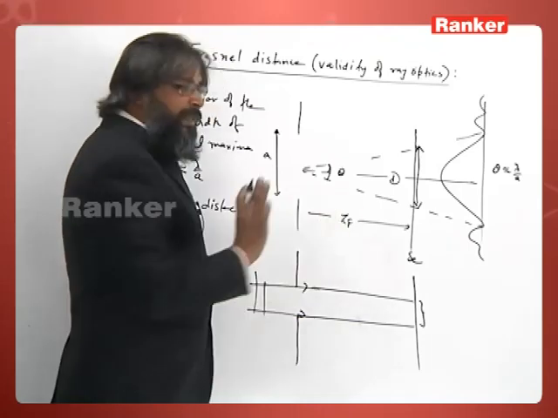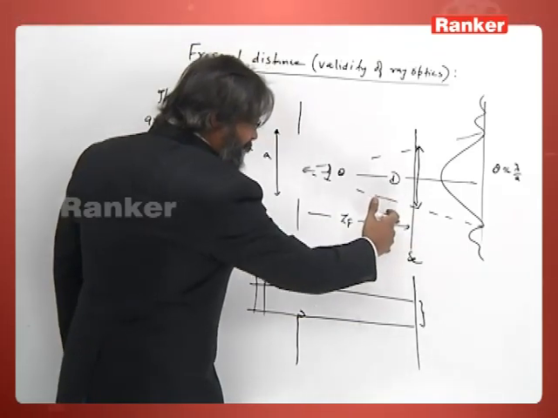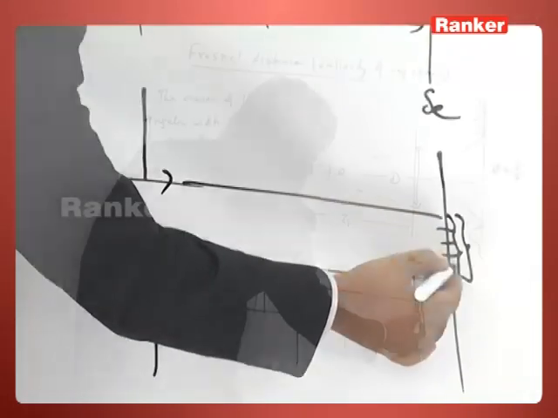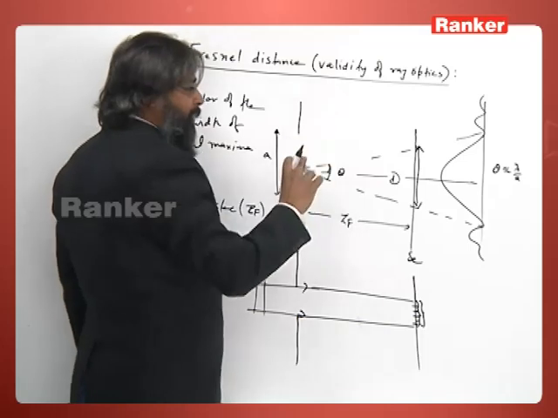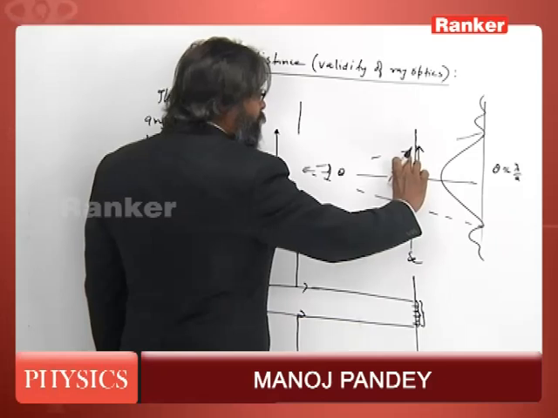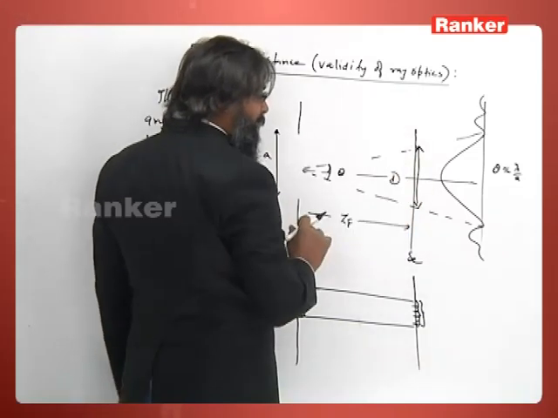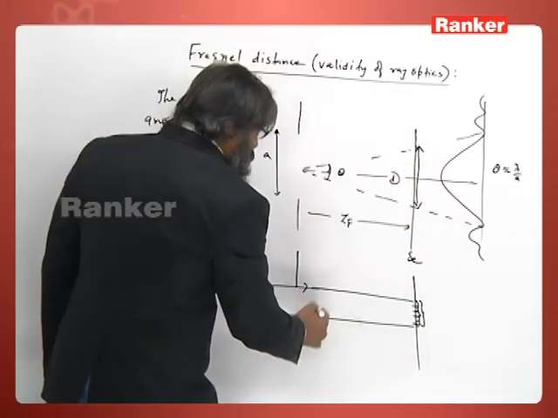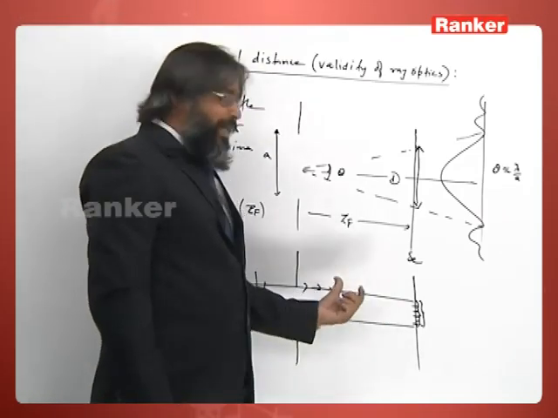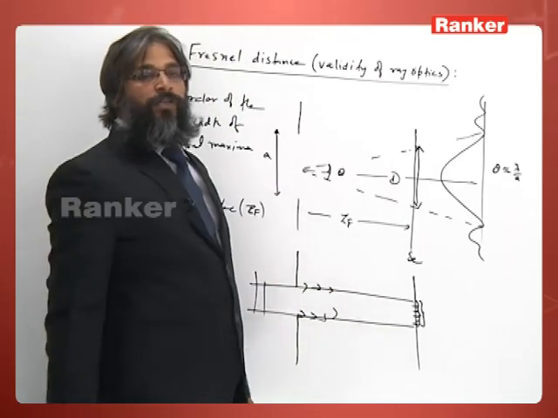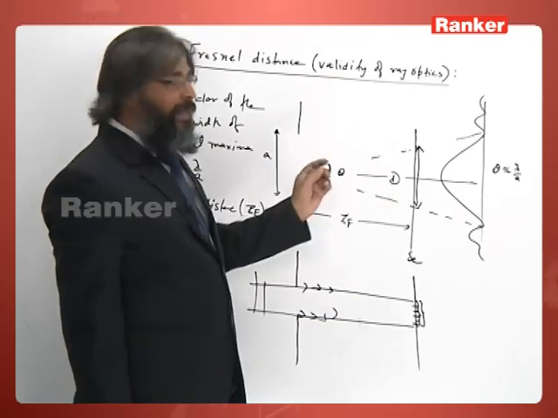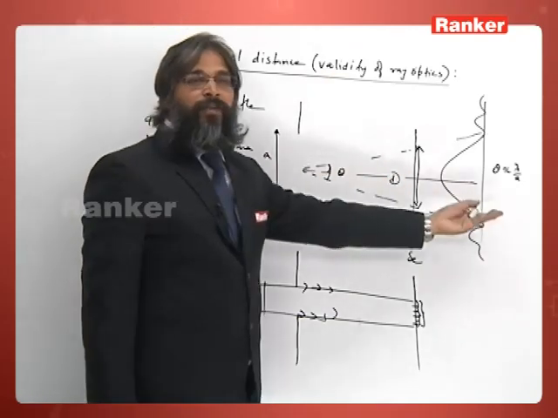Without any diffraction, if my distances are less than ZF, ray optics tells that almost all the light will be within this region, and the diffraction pattern also tells that the central maxima is within this region. So most of the light is within the region. So without the diffraction effects, if the distances involved are less than ZF, ray optics is also going to give the correct results. This is the validity of ray optics, the boundary between ray optics and wave optics.